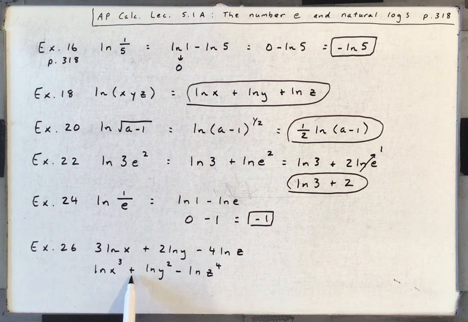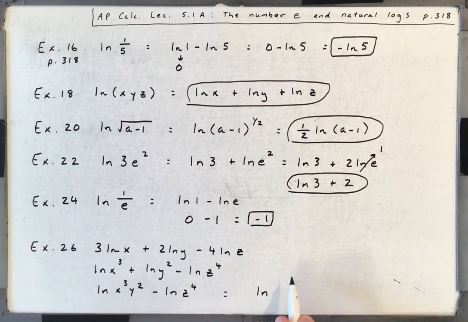Now we have a sum here, so we can say that's natural log of x cubed times y squared minus natural log of z to the 4th. So what you do is just go left to right. Let's do our combination from left to right. So first we have a plus. Now we have just 2 terms, and we have a minus. So that means we're going to bring that z to the 4th underneath.